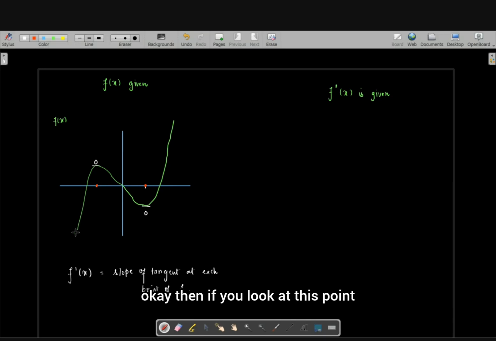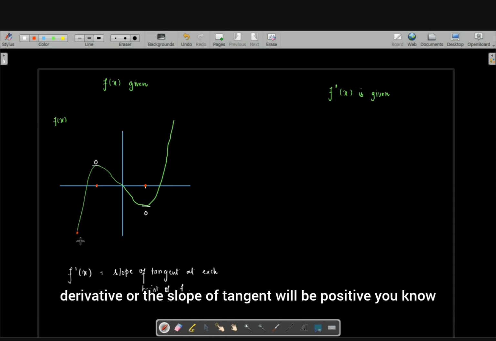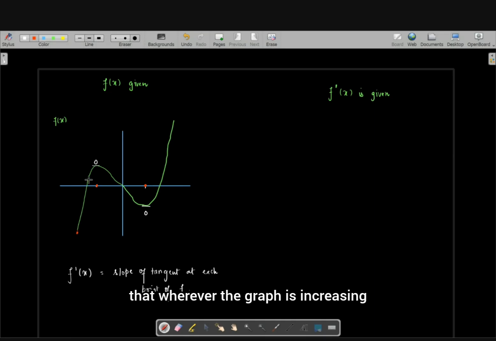Then if you look at this point, here the graph is very steep. It starts from being very steep and it is increasing. So here, the derivative or the slope of tangent will be positive. You know that wherever the graph is increasing, f prime, the derivative, is greater than 0, right?